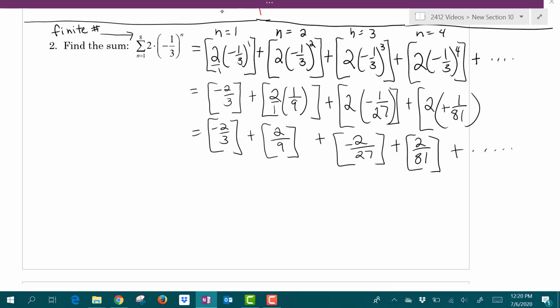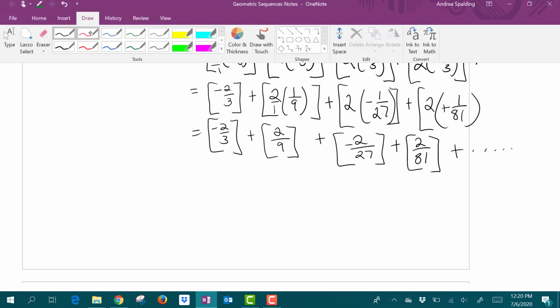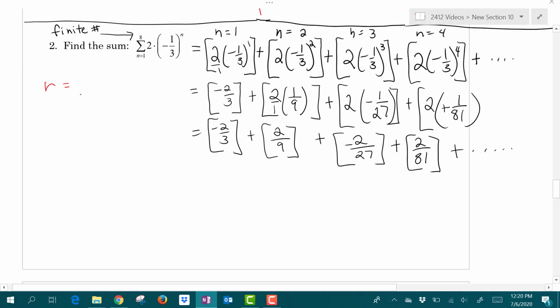Alright, so I'm looking again for that common ratio, if we have one. If this is a geometric sequence, to get from here to here, I have to multiply by the same number as I would have to multiply by to get from here to here, and from here to here, and so on. So what is that? Now you see that these terms are alternating signs, so it has to be negative, because a negative times a negative would have to get me that positive second term.